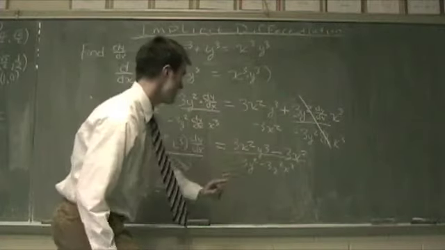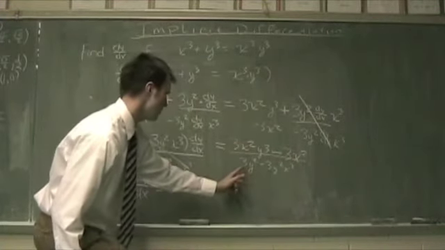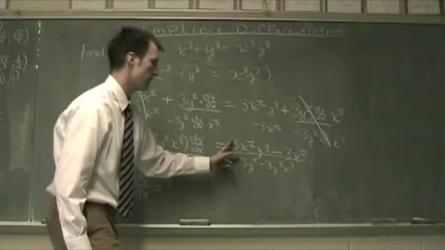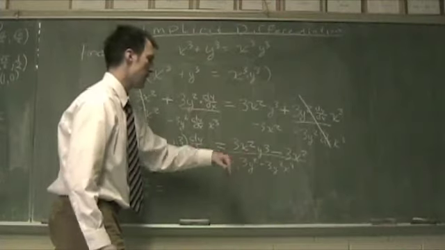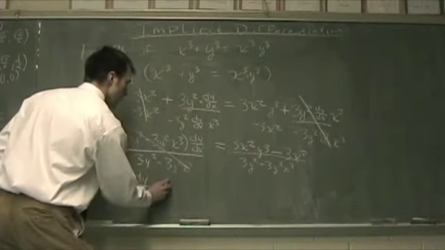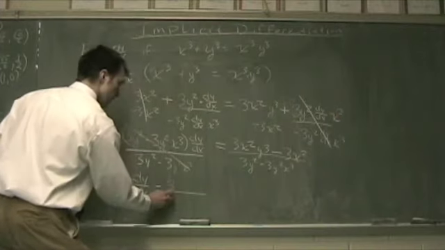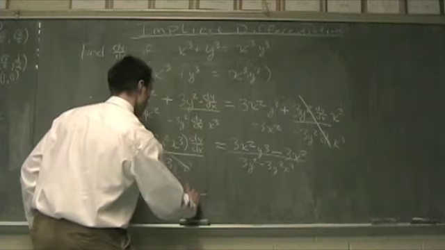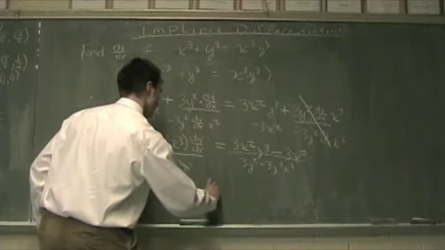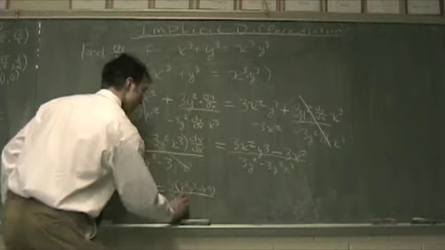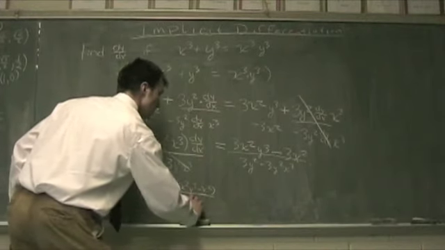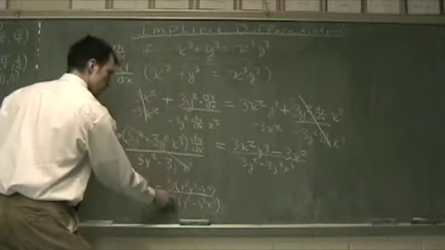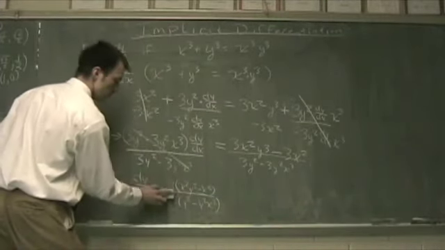I've got 3x squareds up top, but only y squareds in common at the bottom. The only common factor I have between the top and the bottom is a positive 3. And so I'm going to put that out here. There's going to be 3 times x squared y cubed minus x squared divided by y squared minus y squared x cubed, and these 3's reduce down to 1.